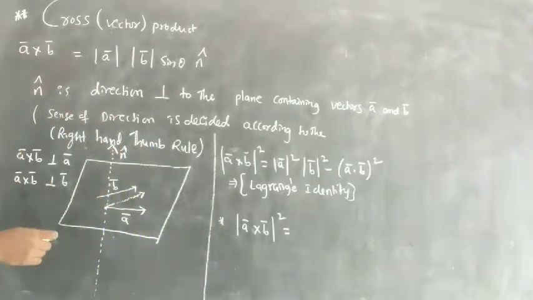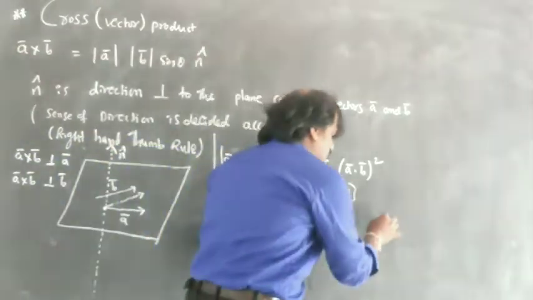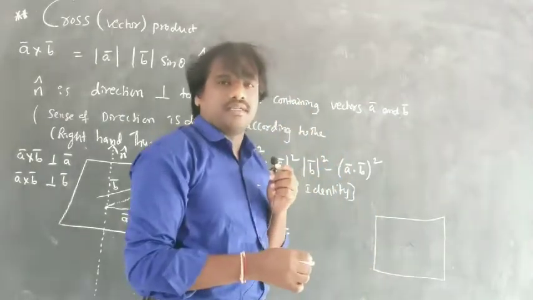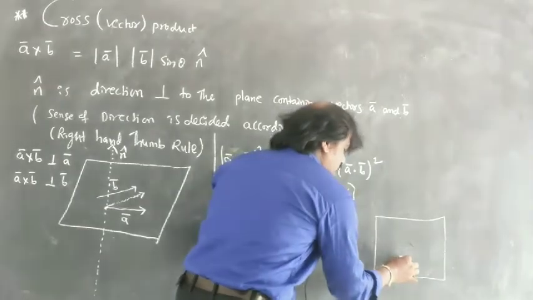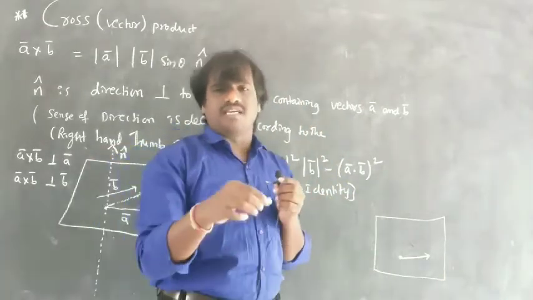What is the cross product? Suppose we take a plane. I am taking a vector A, and another vector B which is movable in that plane.